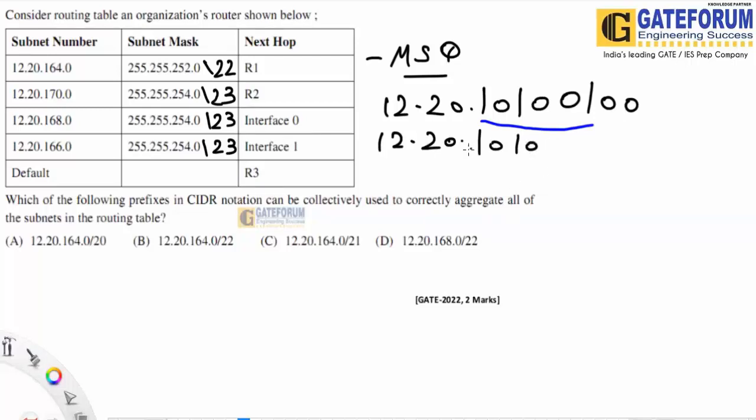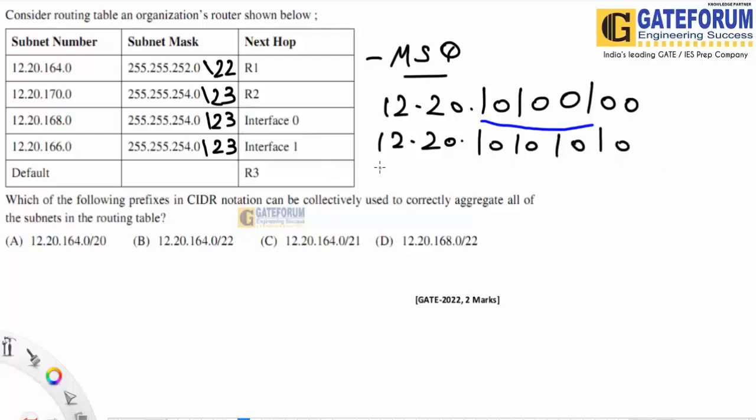So how will you make it: 128, 64, 32, 16, then 8, 1, then 0, 1, 0. This is your entire subnet number, till here we have the subnet number, and then we start with the host ID.